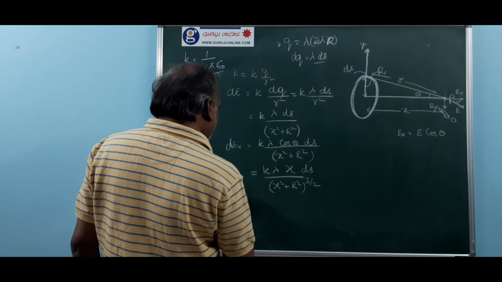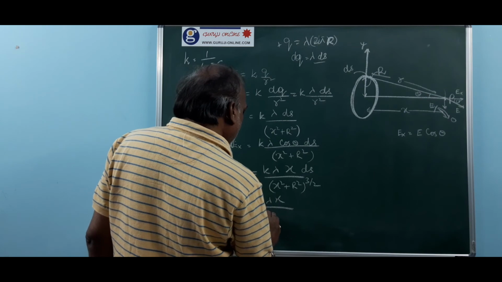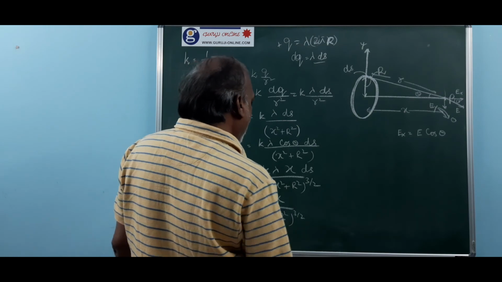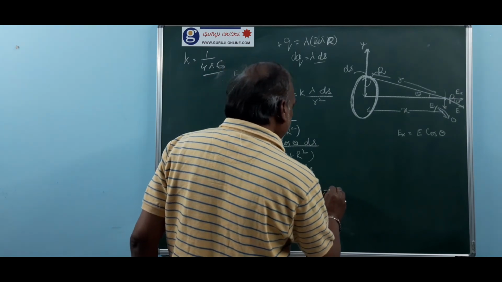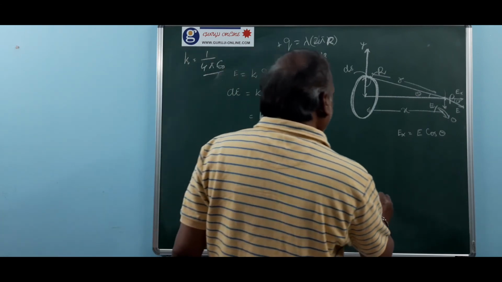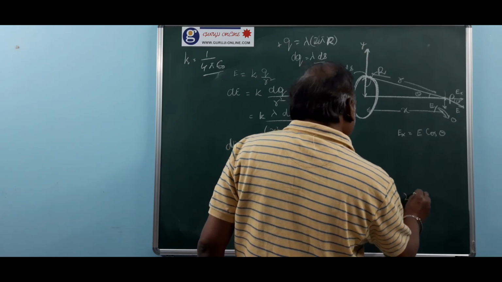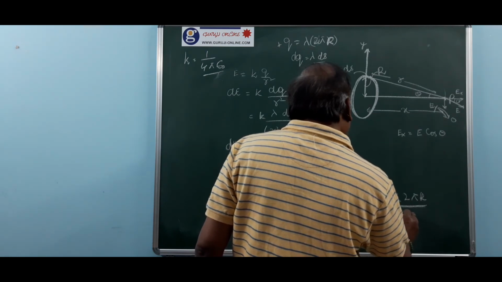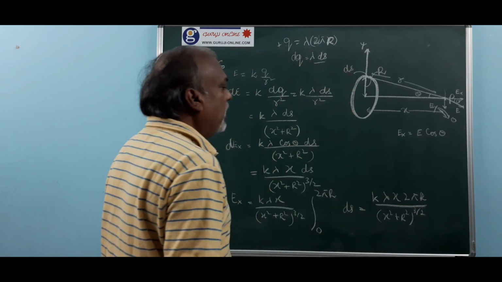So Ex will be nothing but K lambda x upon x square plus R square to the power 3 by 2 into the integral of ds from 0 to 2 pi r. So this will be nothing but K lambda x 2 pi r divided by x square plus r square to the power 3 by 2.